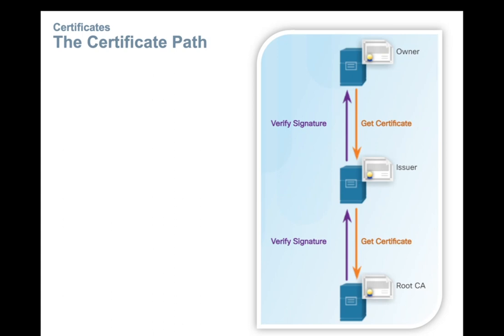The certificate belongs to a chain of certificates called the chain of trust. So it goes from owner to issuer, issuer to the root, and from root to issuer, issuer to owner. The number of certificates in the chain depends on the hierarchical structure of the certificate authority.